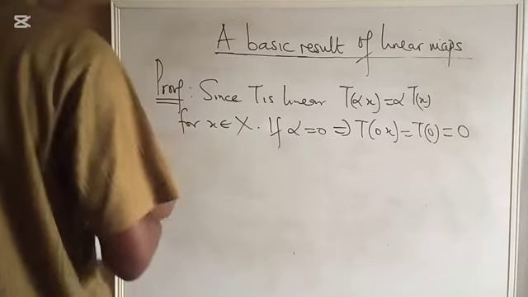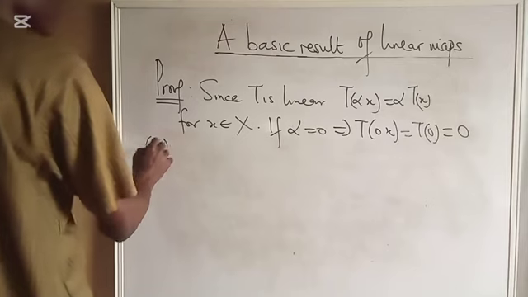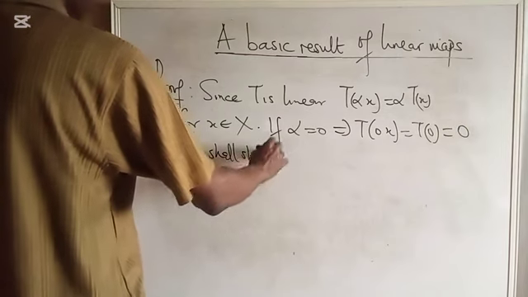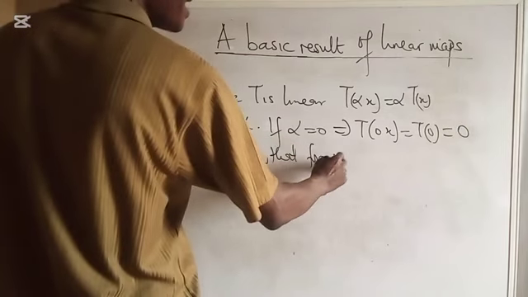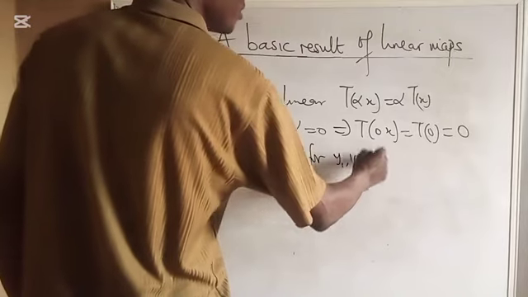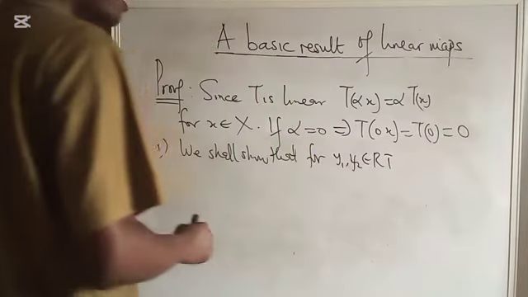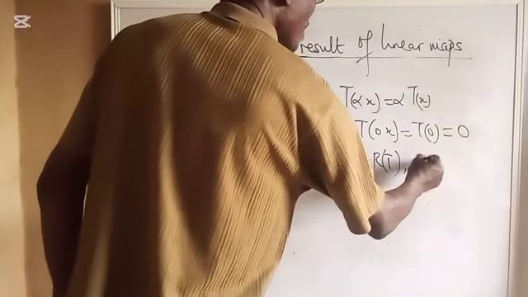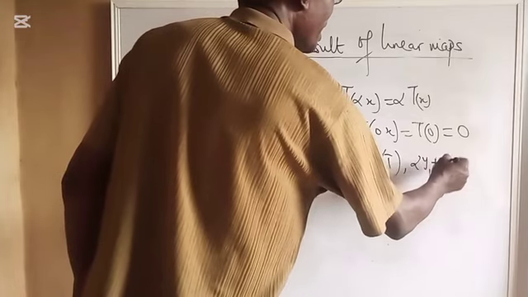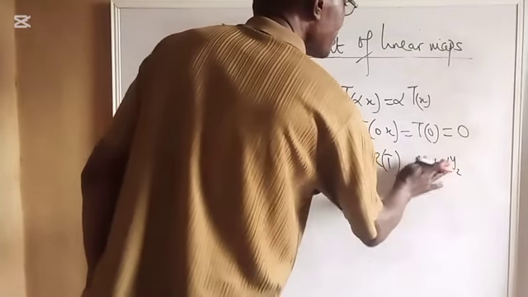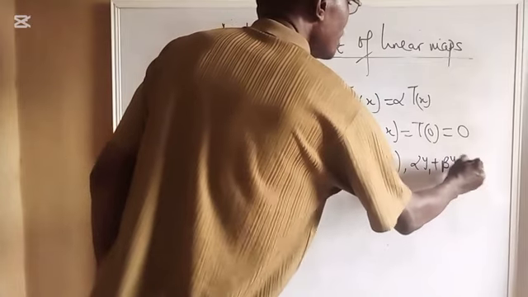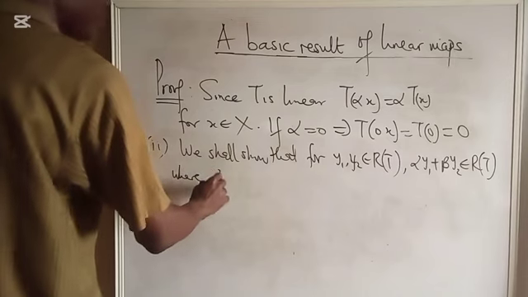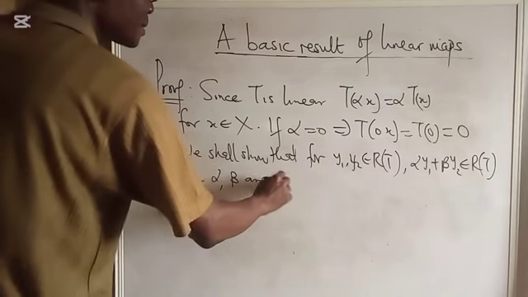So now the second proof. We shall show that for y1, y2 in R of T, we have alpha y1 plus beta y2 is equally in R of T, where alpha and beta are scalars.